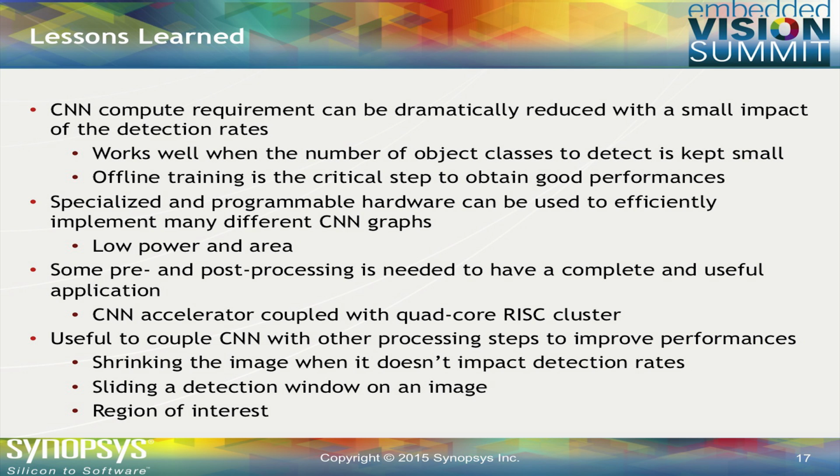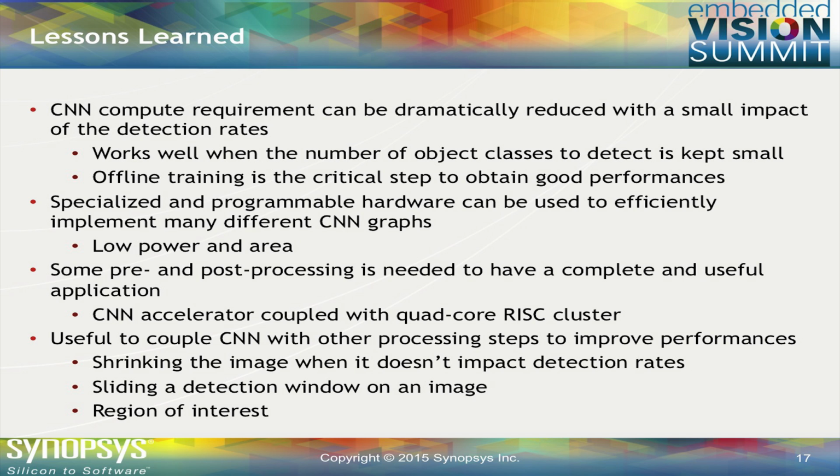But if you're limiting yourself to a dozen or so different classes that you want to detect, what we've seen is that you can have some very, very small graphs that still perform better than other classical techniques like HOG or Viola-Jones or Haar gradients. And that can be optimized quite efficiently on hardware.